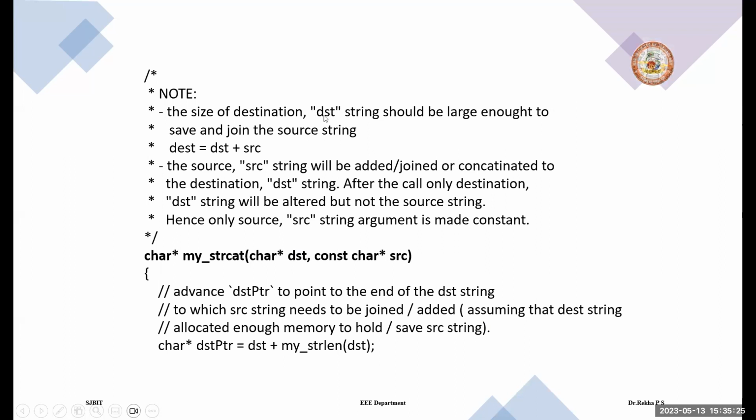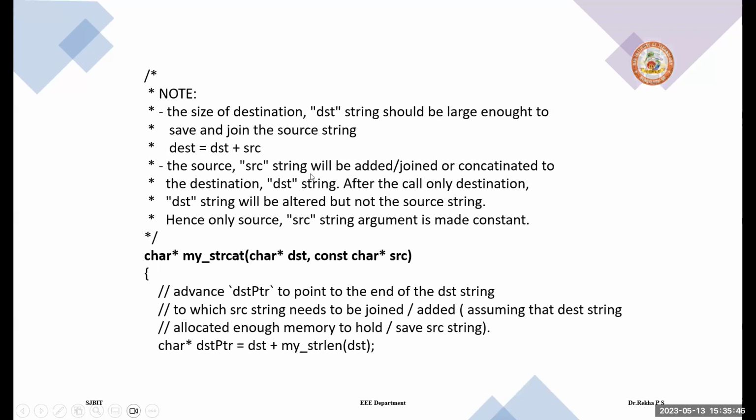That's why the destination string should be large enough to hold and join the source string, because DST is equal to DST plus SRC, correct? Both will be added and then saved into the destination itself.